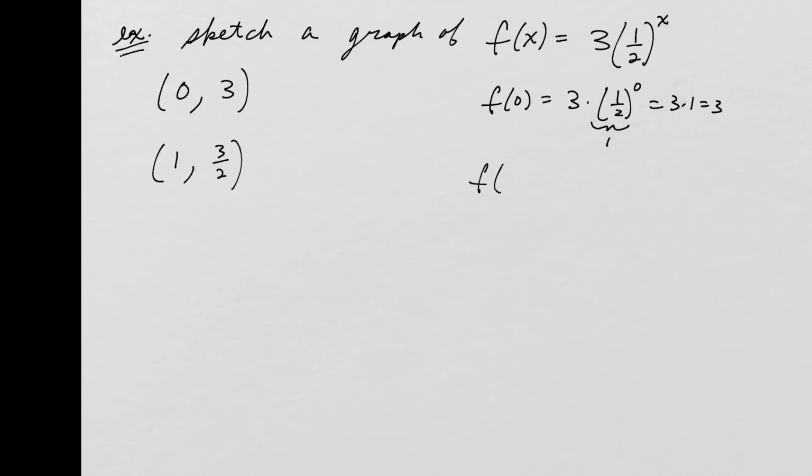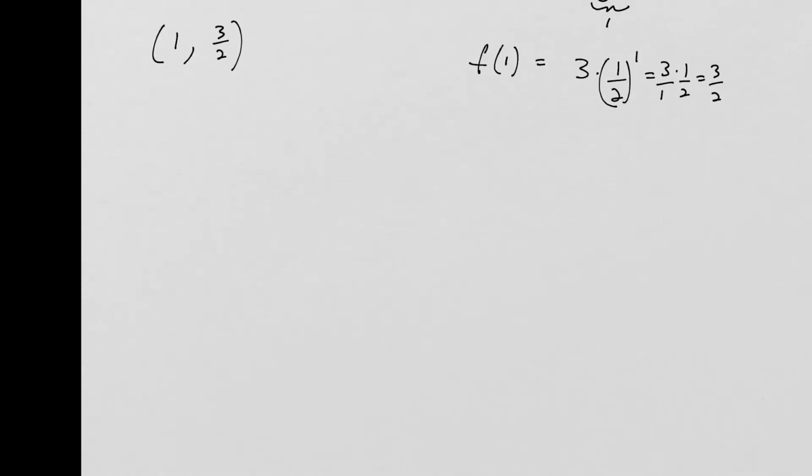Again, if you don't see that, plug it in. If I plug in 1 for x, then this is going to be 3 times 1/2 to the 1. But what's 1/2 to the 1? That's just a half. So this is going to be 3 over 2, or 1.5. So if we plot this, this is x, this is y.